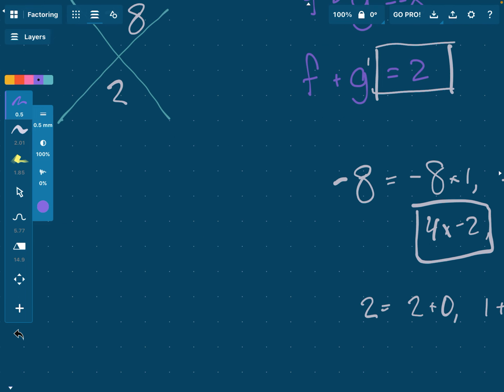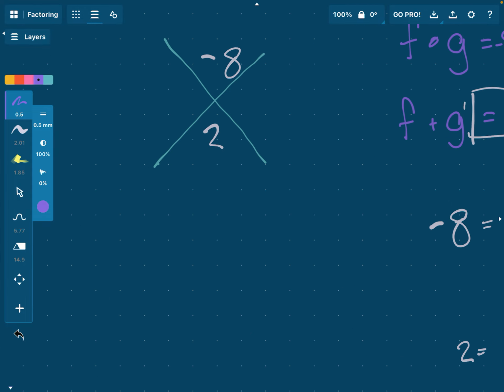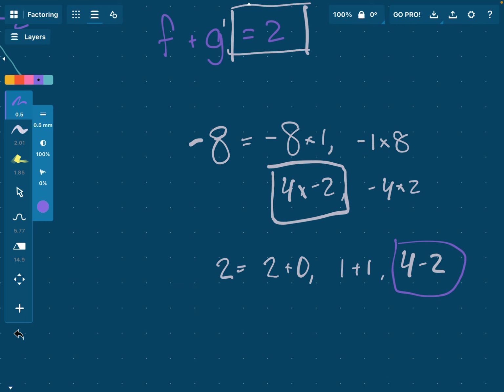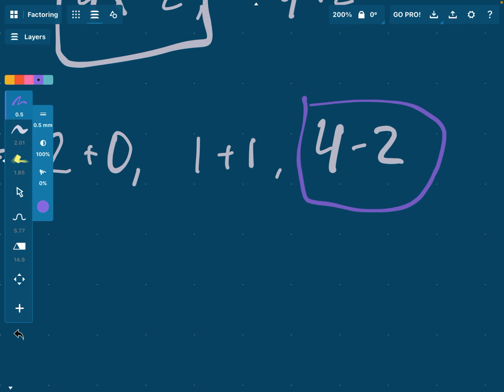So our two numbers are going to be 4 and negative 2. These type of problems are slightly harder than the first ones, just because you have to be aware that we're going to go outside of the realm of just what adds to 2 with two positive numbers, because we have to include these negatives as well.